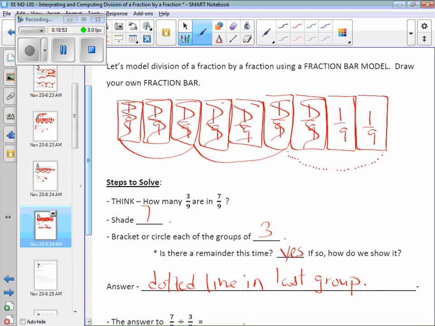Can you give it to me as a fraction? 2 and what? 2/3. 2 1/3. 2 1/9. 2 1/3. Now it's just throwing it out there because everybody said 2 1/3.